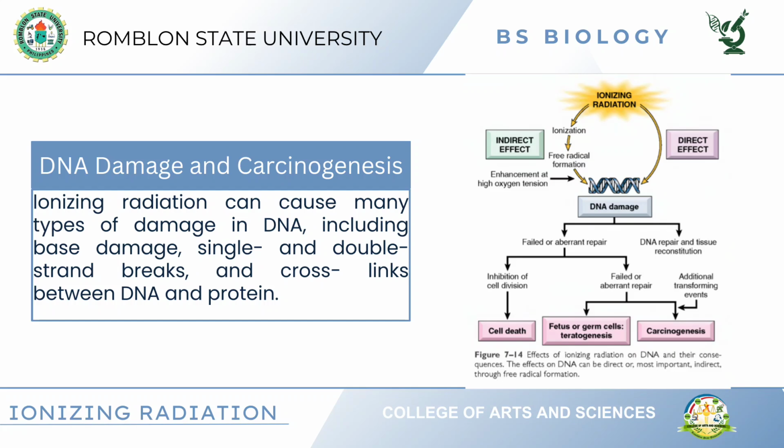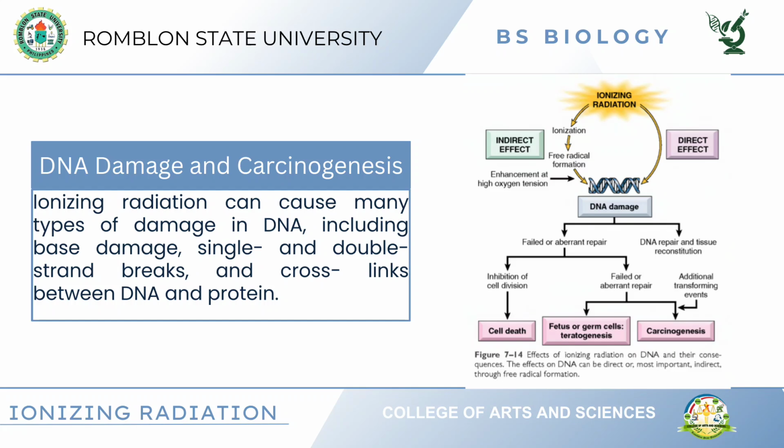As you can see here, ionization, then free radical formation. And those free radicals are highly reactive and can damage DNA indirectly. This effect is enhanced under high oxygen tension. So, more oxygen, more damage from free radicals.